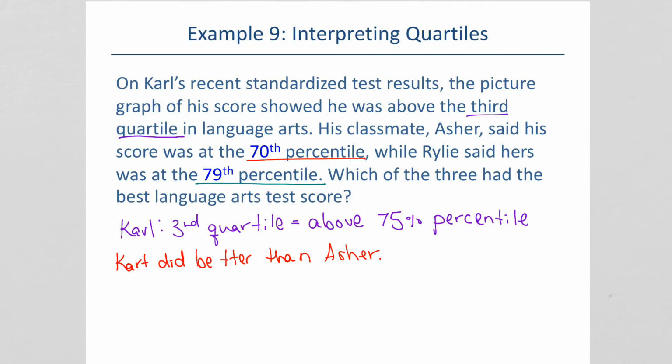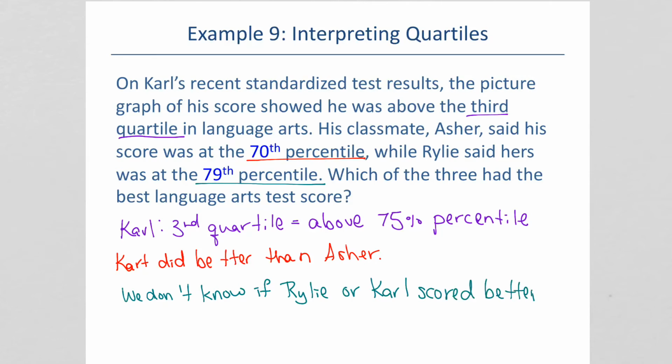Riley's was exactly the 79th. So we don't know if Riley or Carl scored better, because both are above the 75th percentile.